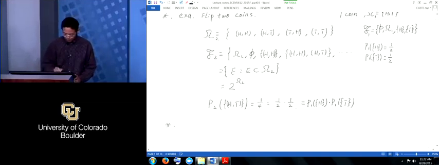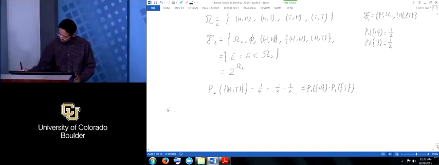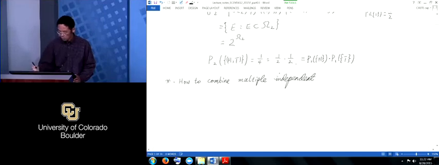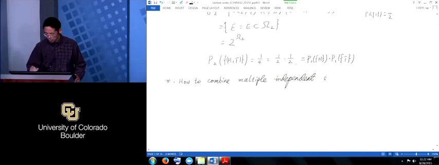So this is how to combine multiple independent experiments.